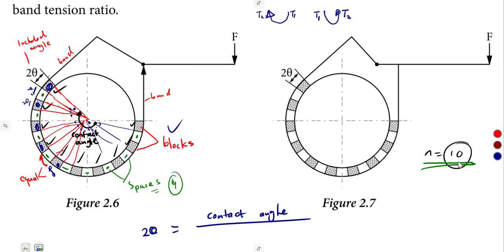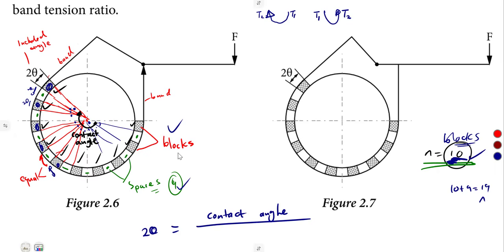So in our case, there are 10 blocks here. Remember, these are our blocks, the wooden blocks. There are 10 and the spaces are 9. You're going to add 10 plus 9, which is what? 19. There are 19 equal parts from the contact angle. So that 19, it is a sum of what?